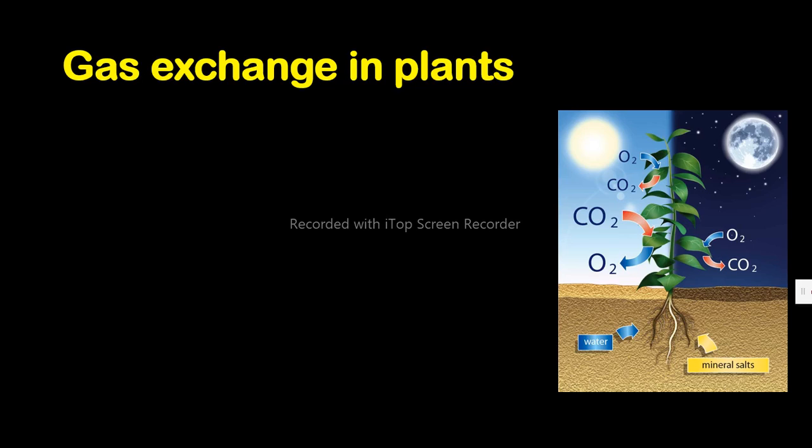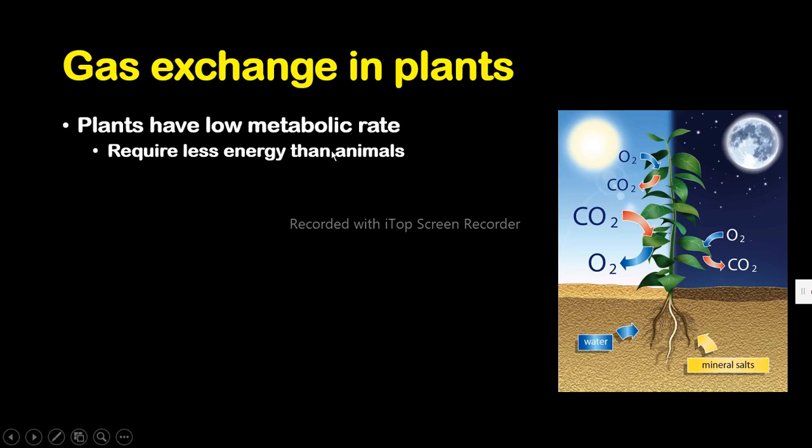Each part, be it roots, be it stem, be it leaves, has its own and absorbs its own gases. So plants have low metabolic rates. Yeah, that is true. You can never see a plant moving. You can never see a plant thinking. You can never see a plant playing. You can never see a plant regulating its own temperature.